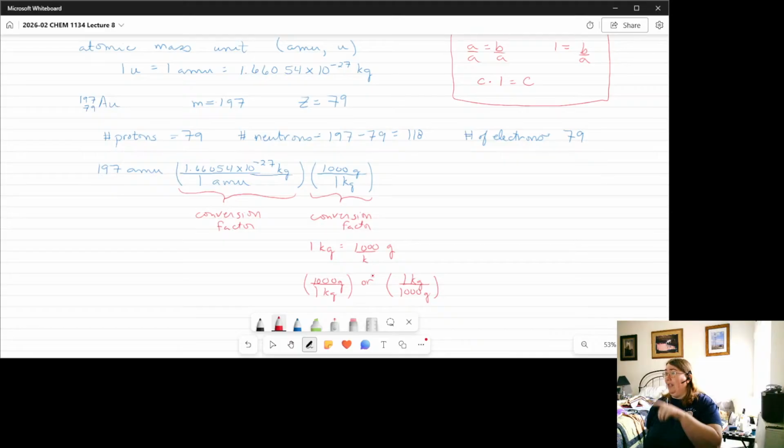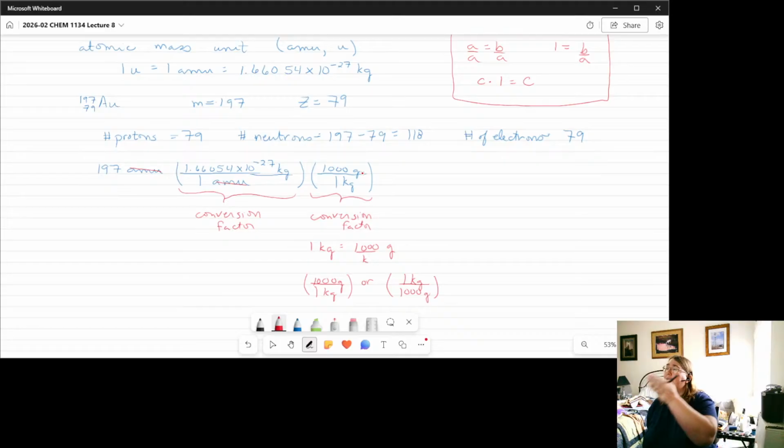Technically they are both equal to 1, and the units cancel too. But how do I know which one of these to use? I need to convert kilograms to grams.